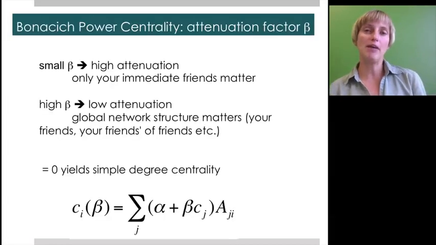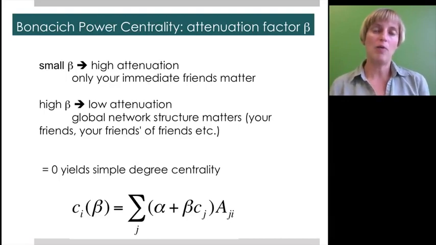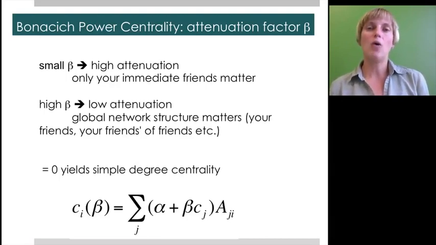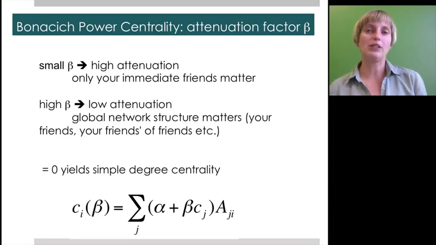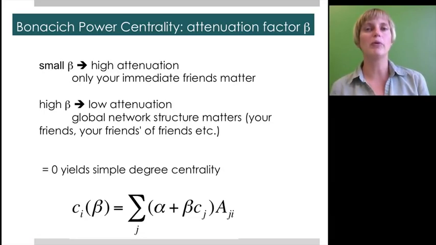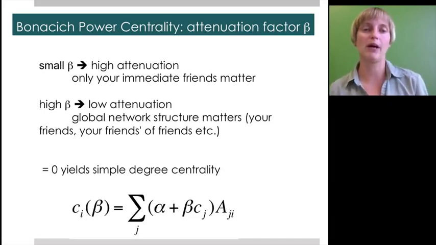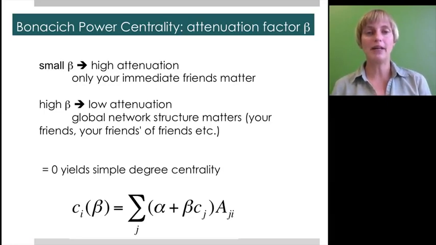And so if you have small beta, beta close to 0, only your immediate friends are going to matter. So it's going to be how many friends you have as opposed to how important they are, because their importance is derived from the structure of the wider network. If you have high beta, you're going to have low attenuation, meaning that all of those multiple steps are going to be quite important.